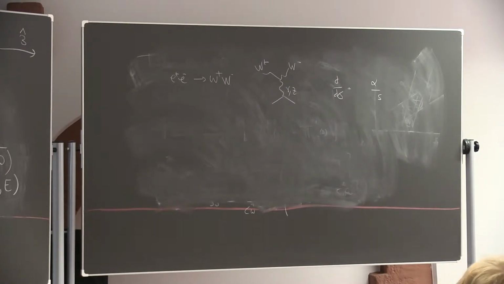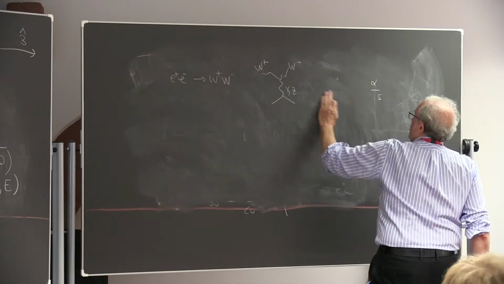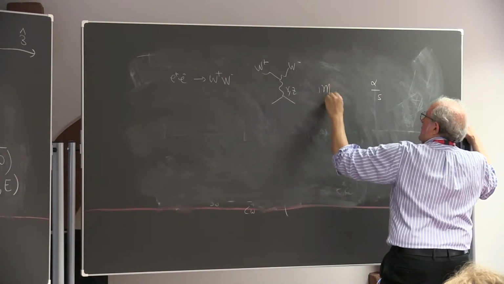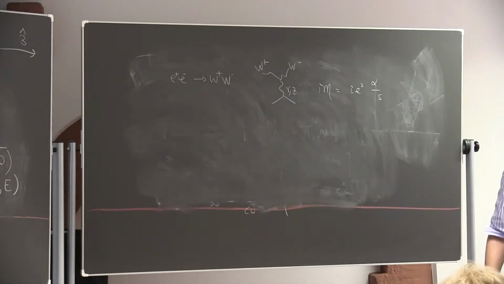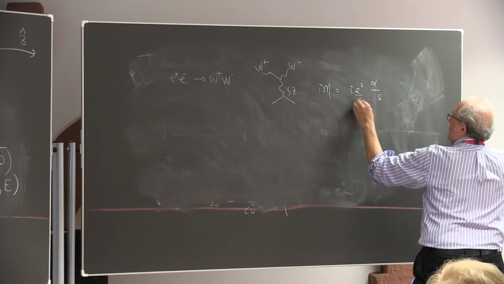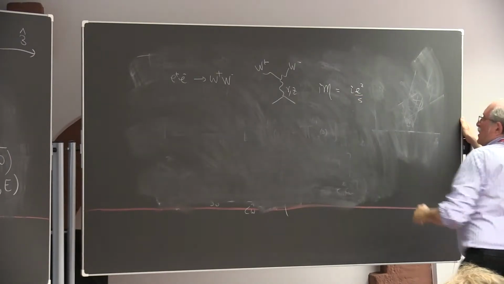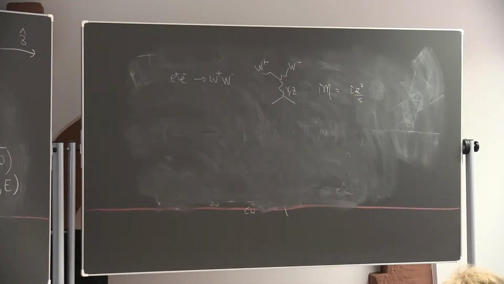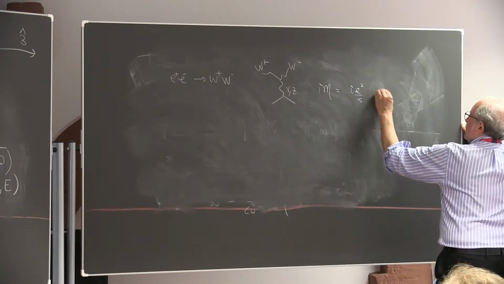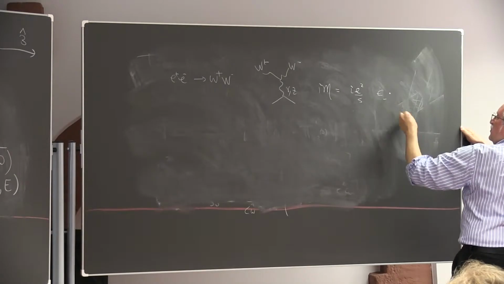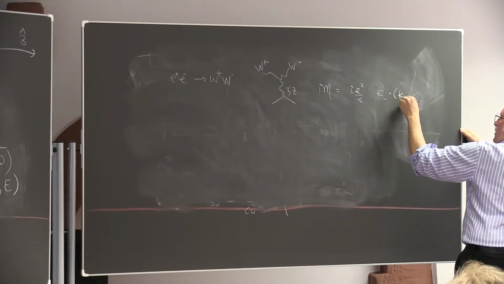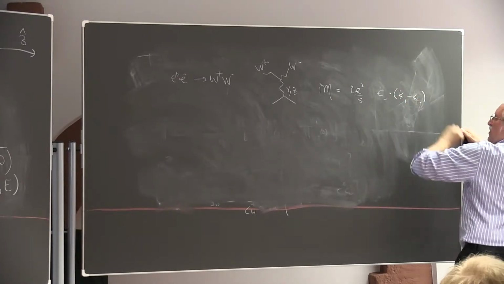Yeah. So the scattering amplitude for this diagram is i e squared over s. And then there would be a factor of the epsilon, the polarization vector of the W or Z, which we derived yesterday, (k+ minus k-), something like that.